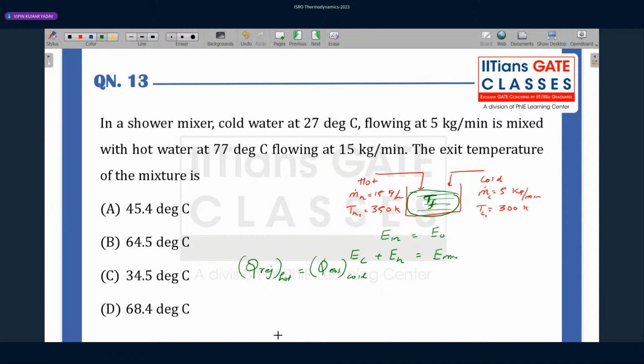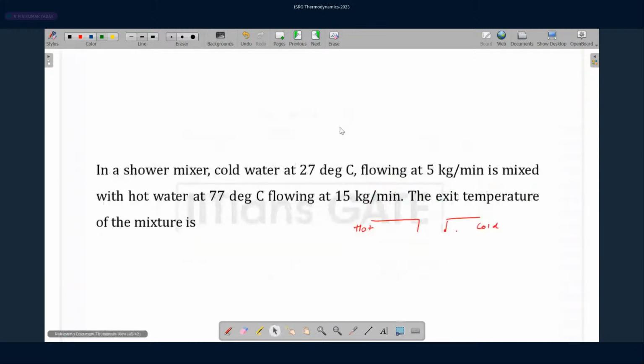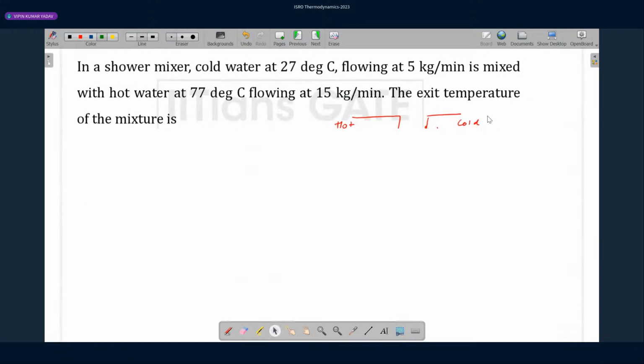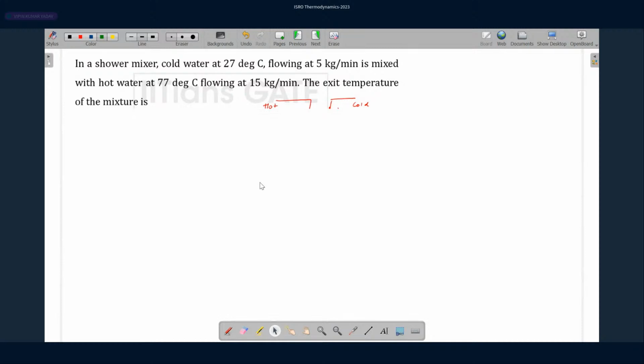Let me take this on the other page. Heat rejected by hot fluid is equal to heat absorbed by cold fluid.